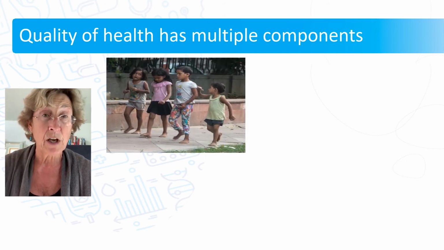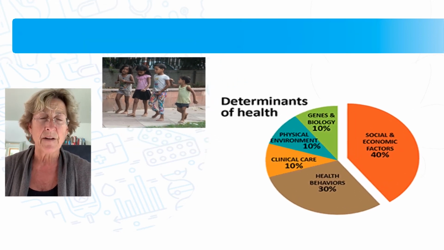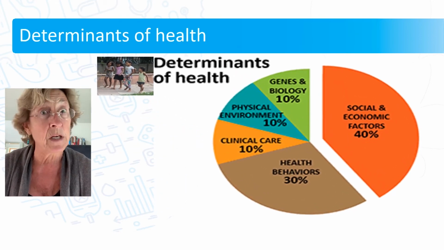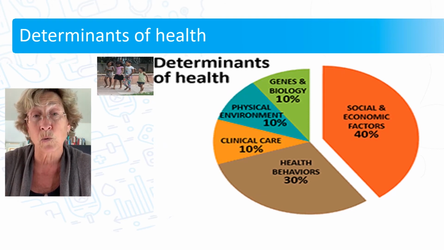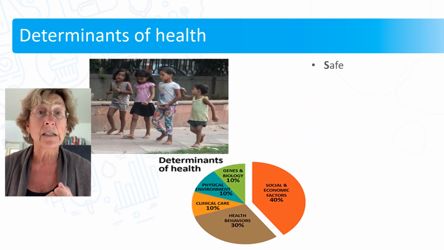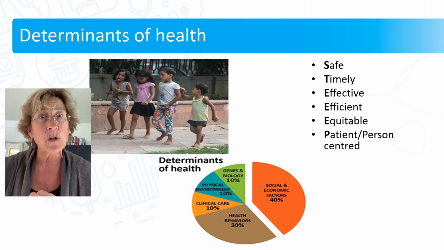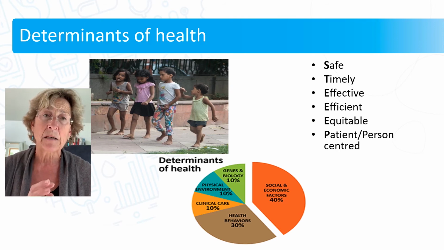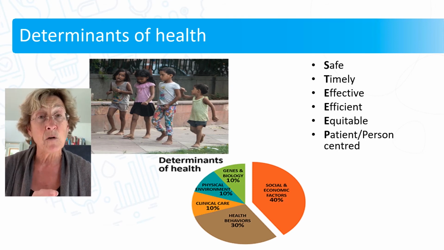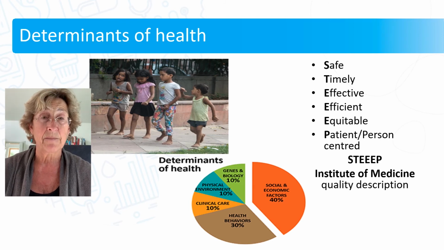There are, of course, the socio-economic situations for children. There are also the social determinants of health, some of which we can influence and some of which we need other people like social workers and schools to work with. But then there's the important components of quality: safety, timeliness, effectiveness, efficiency, equitable access and equitable consideration, and making it person-centered and person-focused so that the people we're working with and for, the patient and their family, absolutely are partnered with us in what we're doing.